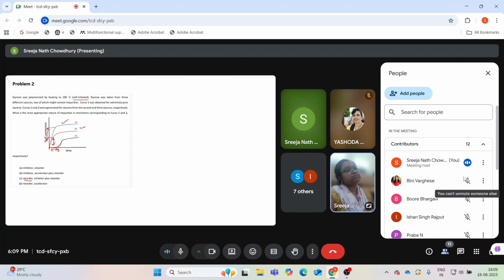So this is a case of an inhibitor, and after that, if the reaction follows its normal kinetics, that is the one curve, then we can say that only an inhibitor is present. As the rate of the reaction also decreases, we should call it an inhibitor plus retarder system. So here your answer C will be the correct option.